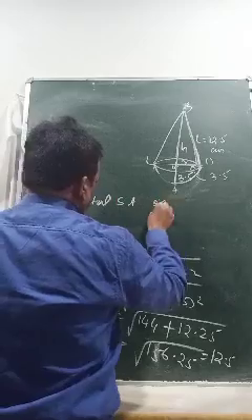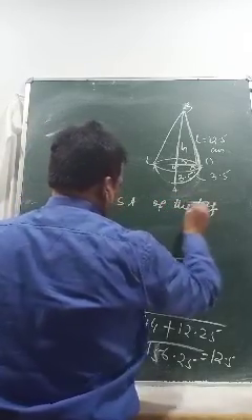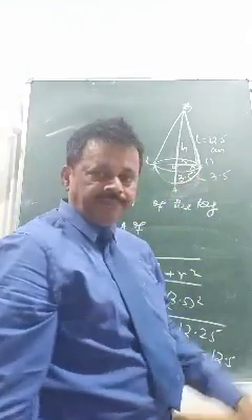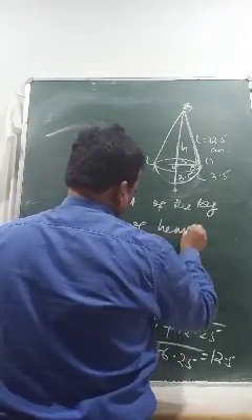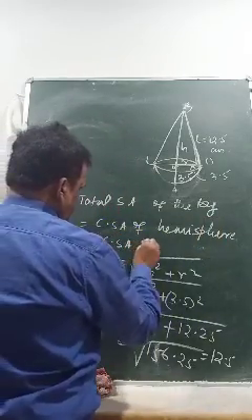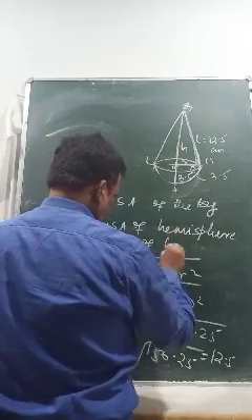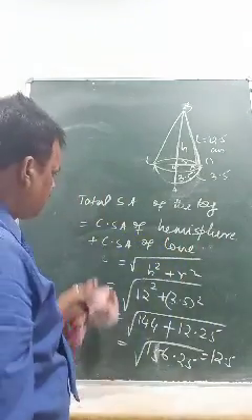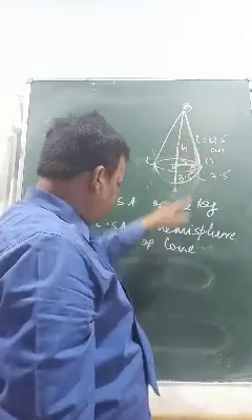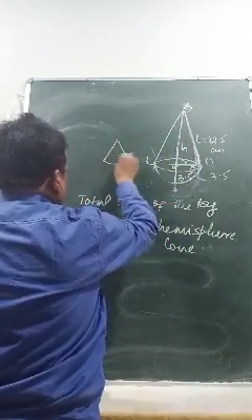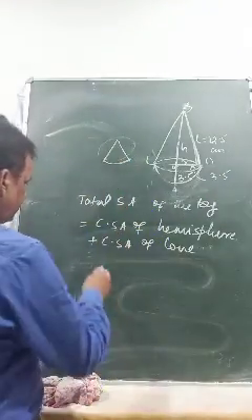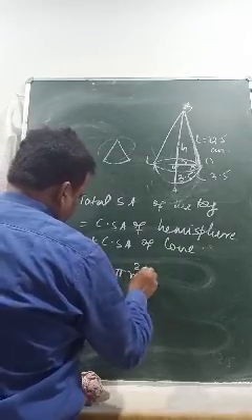Total surface area of the toy is the curved surface area of the hemisphere plus the curved surface area of the cone, because only the outer part counts. That is 2 pi r square plus pi r L.